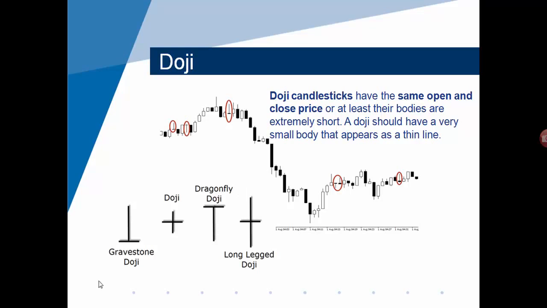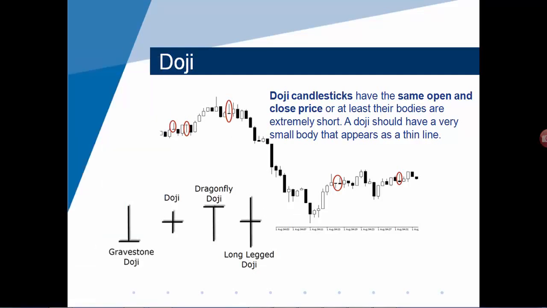So the name of the candles or the name of the dojis aren't really that significant. What is significant is the characteristic of the candlestick itself. So when we're seeing a candlestick pattern such as this, it's indecision. And on this diagram, we can see a few indecision candles also.